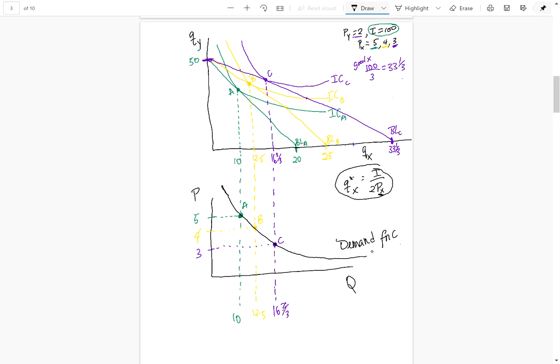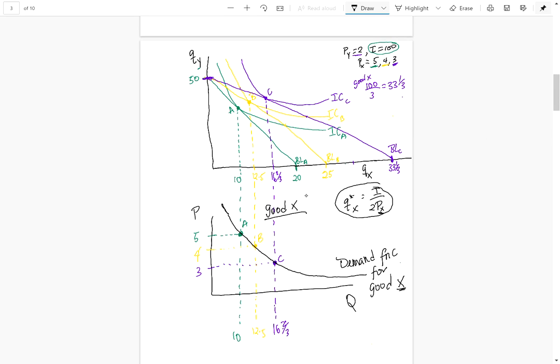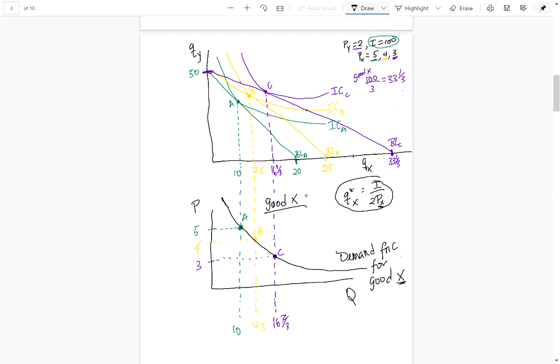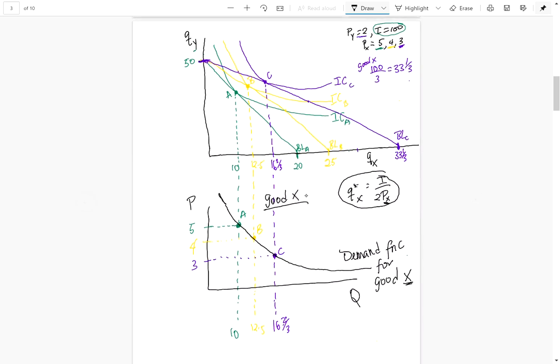Demand function for what good is this? Good X or good Y? Yep, good X. So this is the demand function for good X. One more thing to mention, since we've drawn this out here, is the price consumption line.